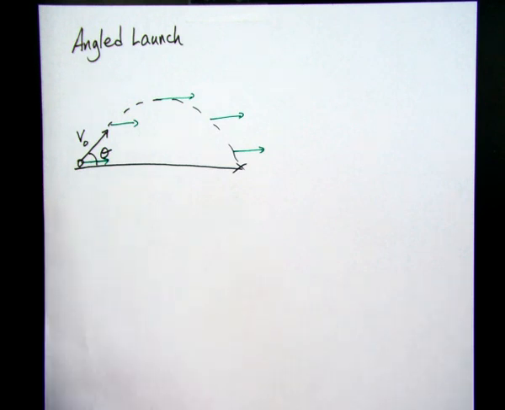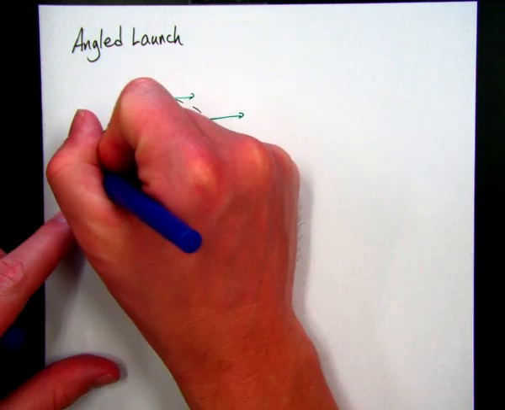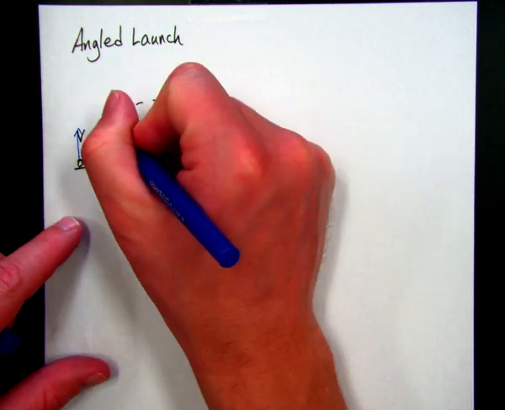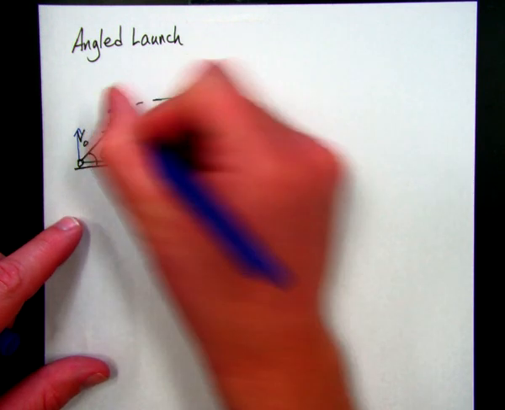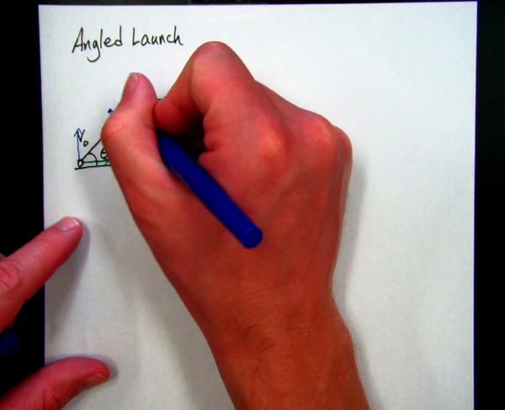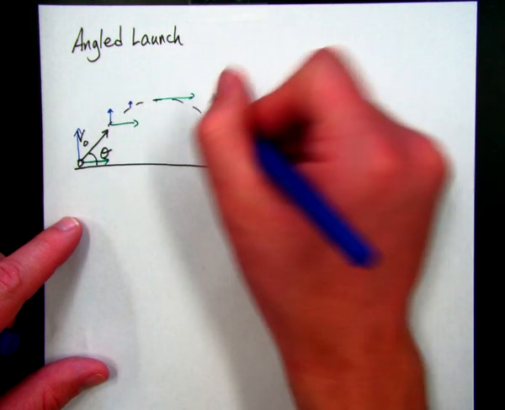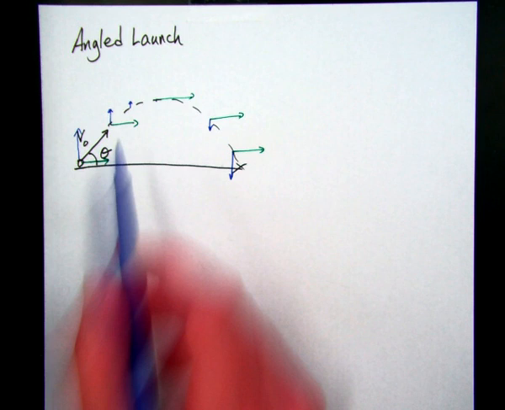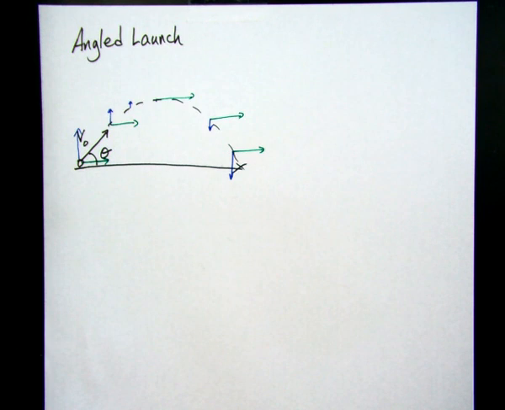And the Vy, whatever vertical velocity it has at the beginning, will change, but it will change by a predictable amount. It'll be a little bit less here, it'll be 0 here, it'll be negative here. And so you see that as it flies, the horizontal velocity stays constant, the vertical velocity is constantly changing.